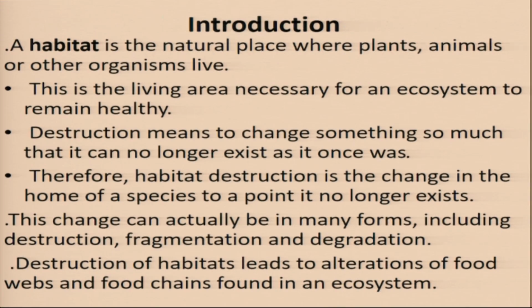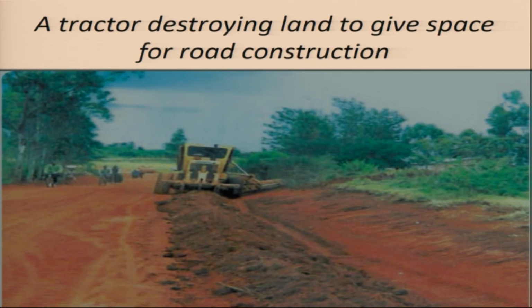So that's one. By introduction, as we said, a habitat is the natural place where plants, animals, or other organisms live, all right? When you go back to the screen, formerly, before the road was constructed, the land was covered by green plants and grasses.